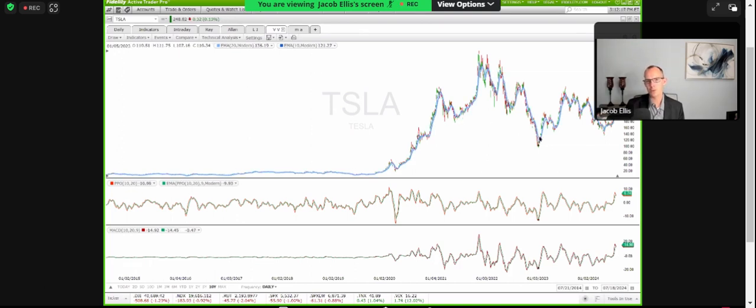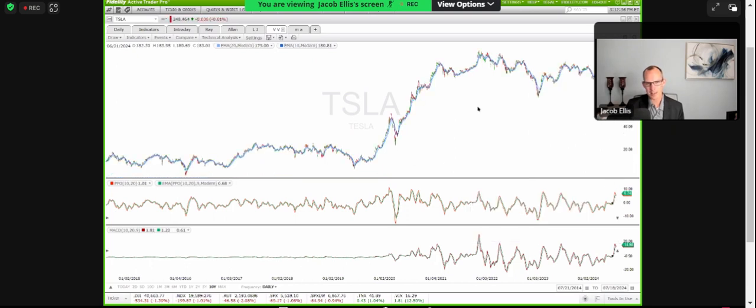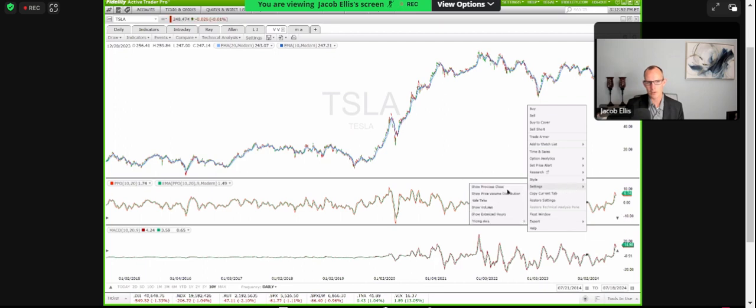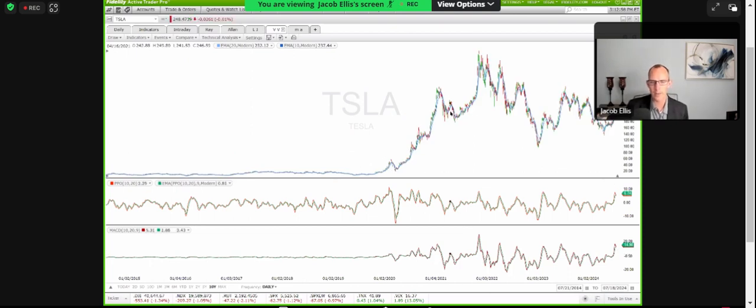I'm going to assume that when you say exponential chart, you're talking about adjusting this scale up and down the y-axis to be logarithmic, which you can do, folks, by right-clicking on the body of the chart, hitting settings, and then coming down here to the pricing axis, specifically to logarithmic, and it will change this to now squish in the values at the top to give us more of a percentage or exponential type view, as opposed to that straight linear value that we saw before, which kind of makes it hard to see any realistic value changes there in the beginning for Tesla or Nvidia or anything else that's had a substantial price move.